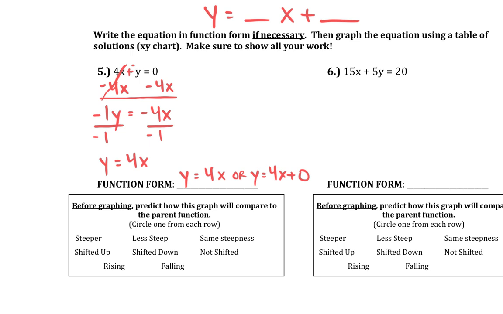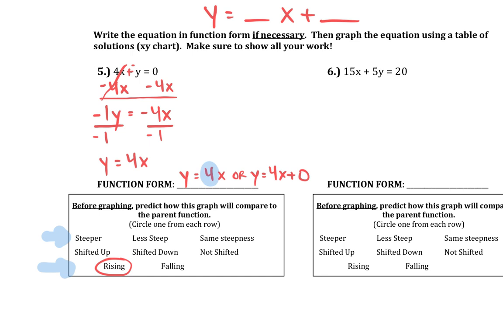As we look at this equation, if you remember, the coefficient of the x, which in this case is 4, is what impacts the steepness and whether it rises or falls. Remember that if it is positive, it rises. If it is negative, it falls. Because this is positive 4, I'm going to guess that this line is going to rise.